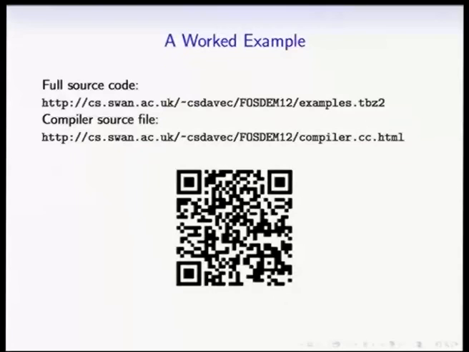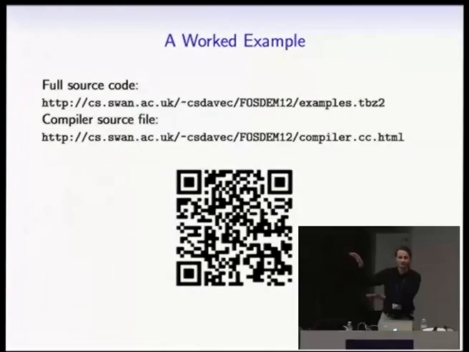So I wanted to give you a little example. You can grab the full source code for this tiny compiler and interpreter at the first address. The second address is just the syntax highlighted bit that I'm actually going to talk about. On the next few slides, I have some code, but to fit things on the slide, I had to omit a few details. The full version differs in one very important way in that it actually has comments in it, and is at the second address.